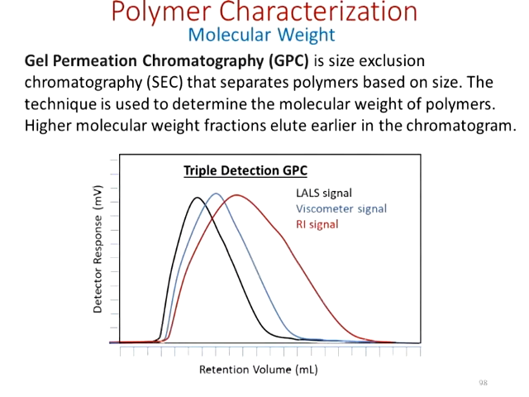A way of characterizing these polymers is by molecular weight. So we can characterize by molecular weight, again characterizing these polymers that have intermolecular forces between the interacting chains.